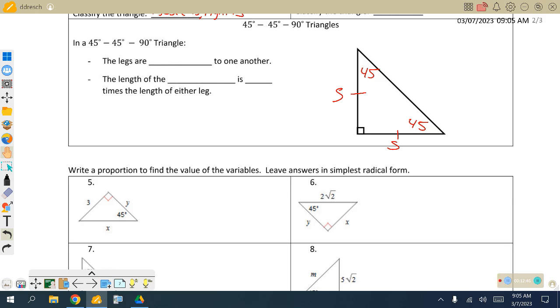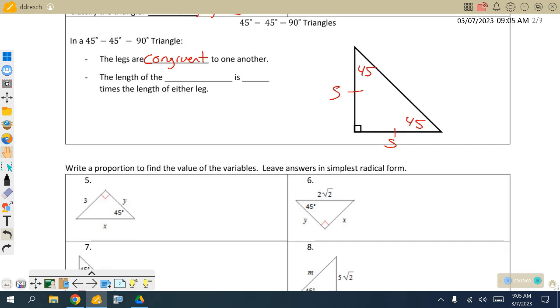The reason they say S and S is the two legs are congruent to one another, and that's the isosceles part. The two 45s are congruent to one another, which means the opposite sides are congruent. We just got done with that relationship.